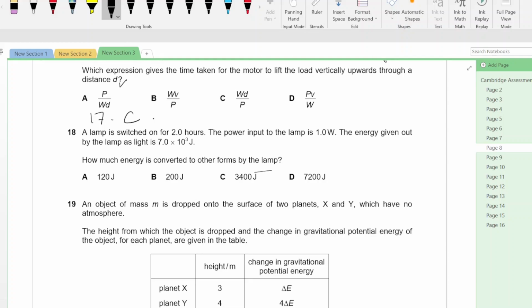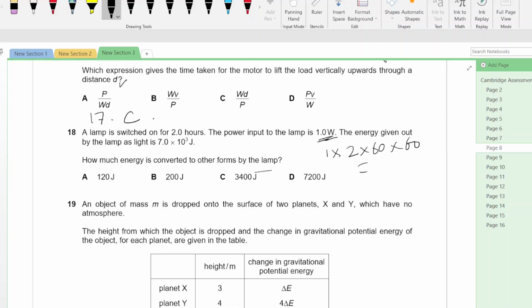Therefore, energy input equals power into time, 1 into 2 hours into 60 into 60.